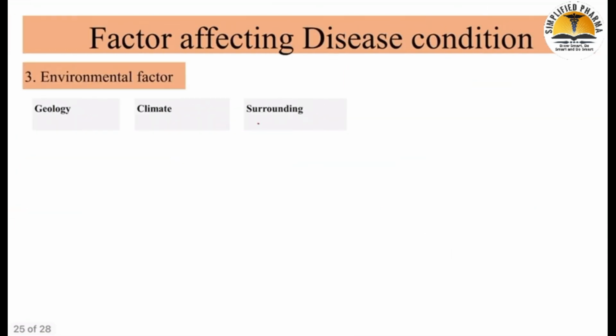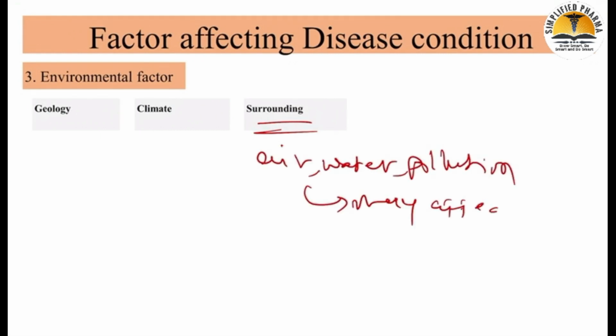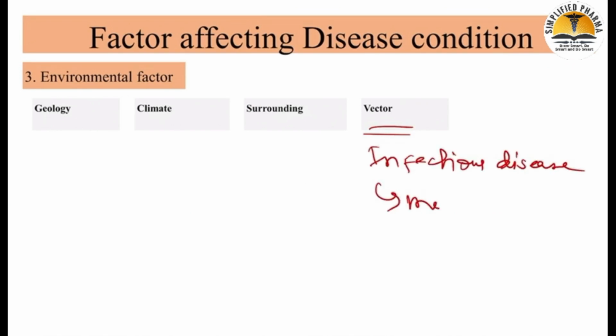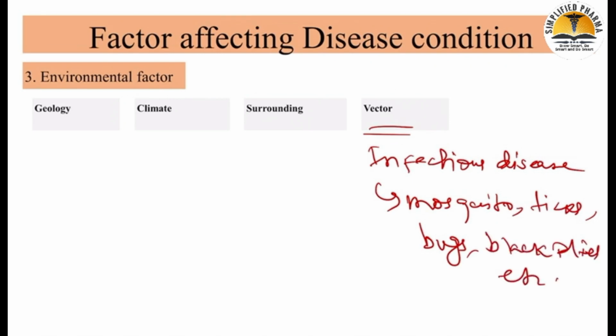How the surroundings affect disease conditions, like air pollution and water pollution, may affect disease conditions. We're going to talk regarding vectors. Vector-borne diseases or infectious diseases are caused by mosquitoes, ticks, some bugs, black flies, etc. These are known as vectors, right?